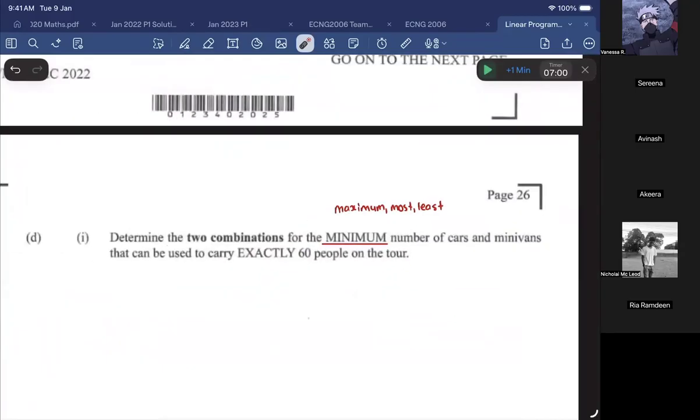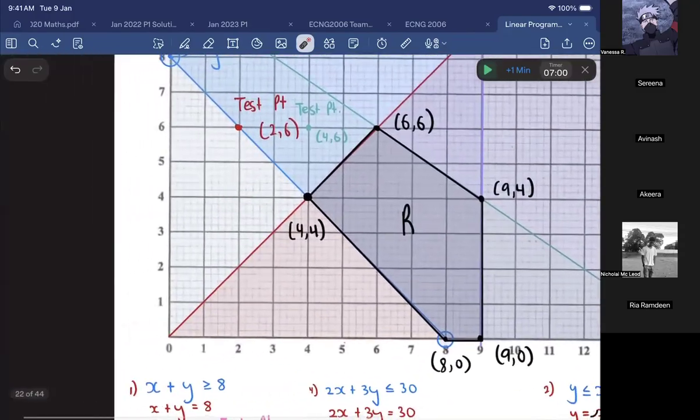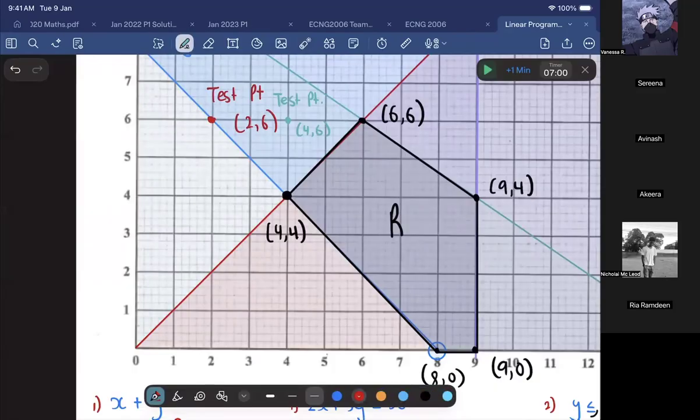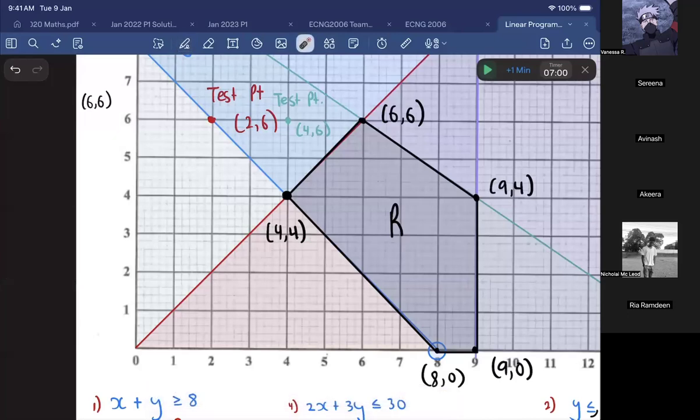So before I even proceed, let me write to the side what my vertices were. And just to make sure you actually understand this, let me explain. Over here is where all of the shaded regions overlapped. You see this point over here?